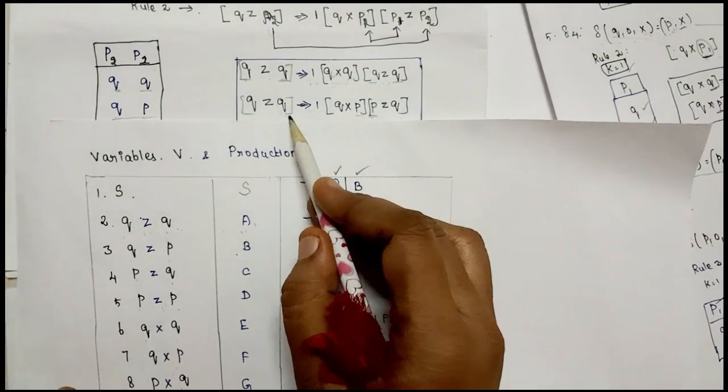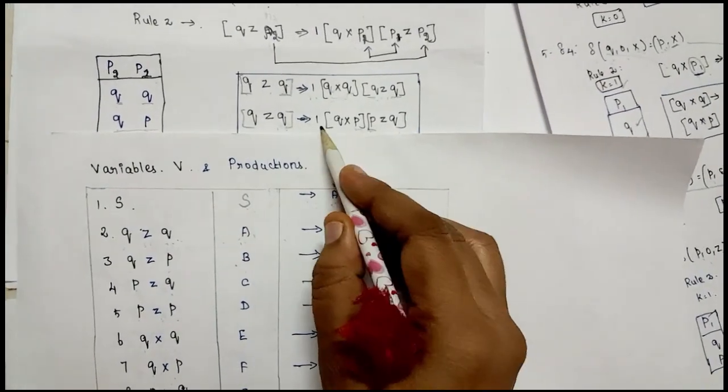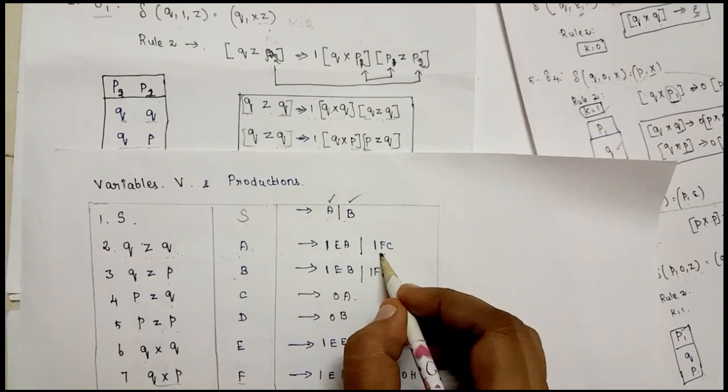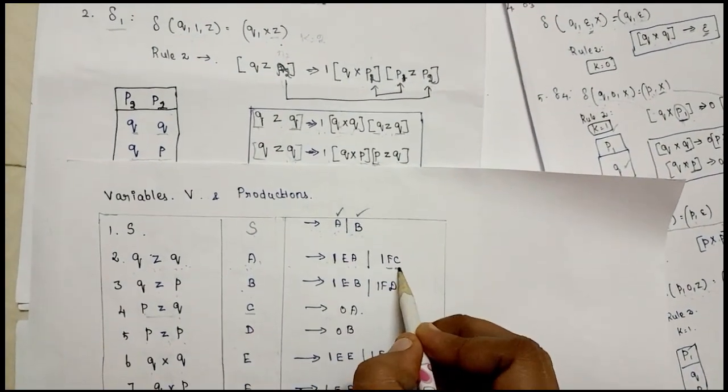Similarly, for the second production, QZQ is A, A produces 1, QXP is F, so F, and then PZQ. PZQ is C. So C is substituted here.